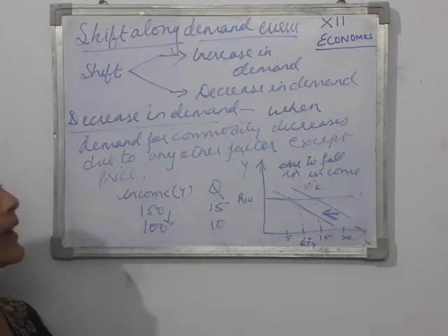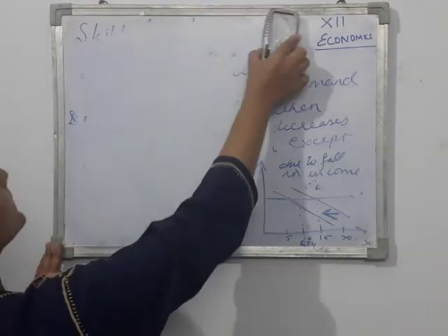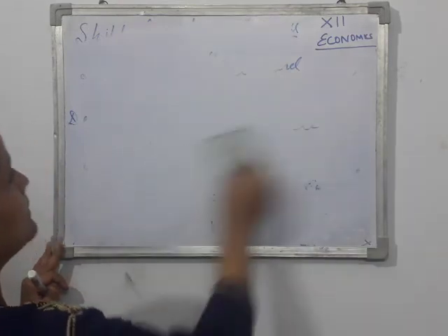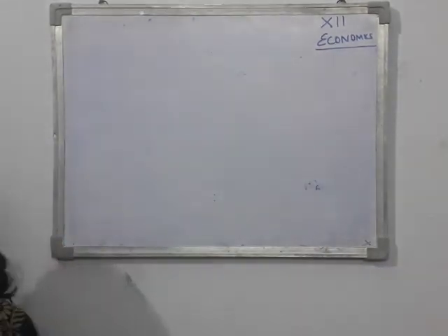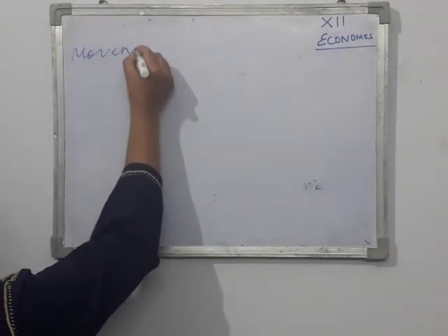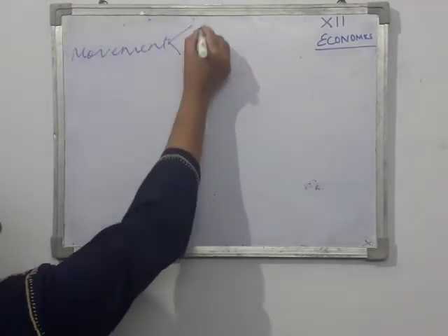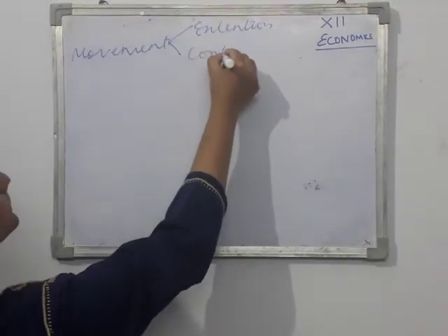So again I am repeating this, that movements are of two types, extension and contraction, and shifts are of two types, increase in demand and decrease in demand. So what we did today was shift and movements. Again, a small revision. Movement is of two types, extension, contraction.